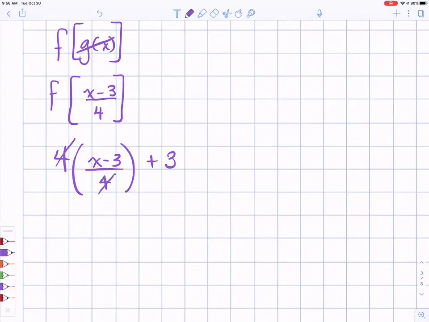The first thing that's legally allowed to cancel is those 4s, and that's going to leave me with x minus 3 plus 3. And then I can zero out the 3s, leaving me with my x. Okay, so just make sure that you are showing in the proper order.